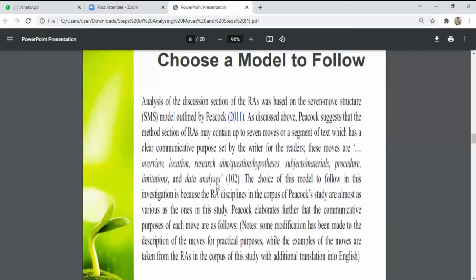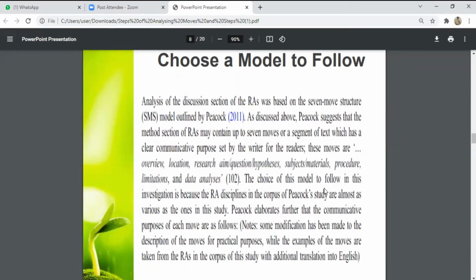Seven moves: overview, location, research aim, question or hypothesis, subject materials, procedure, limitation, and data or analysis. This is the model, the moves for the method section. So this is for a method section, and give the reason for your choice.